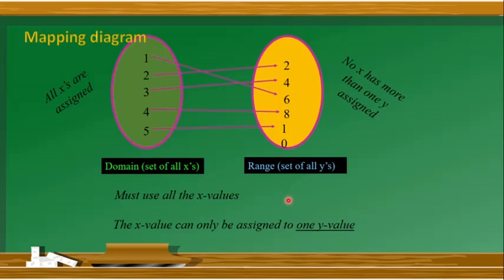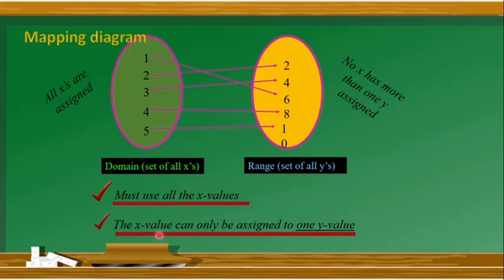We have to consider this condition. First, it must use all the x values. You see, all the values of our domain are used in association with the values of y.